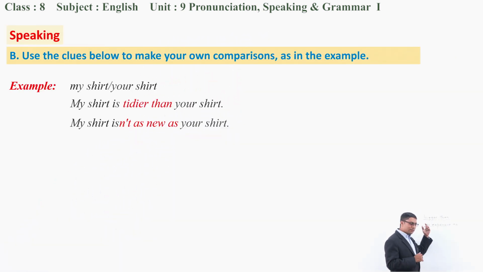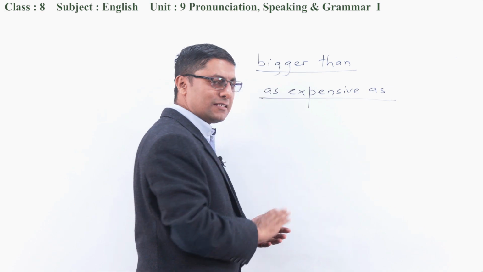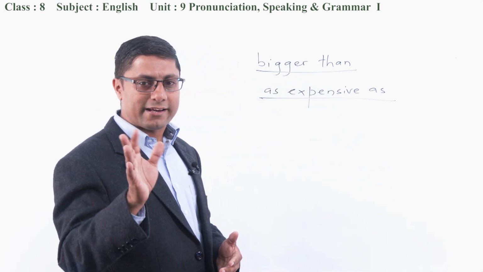Look at the example again. In the first one, the sentence is positive. In the second one, the sentence is negative. Keep it in mind. So when you are using as adjective as, this time you will be using a negative sentence.